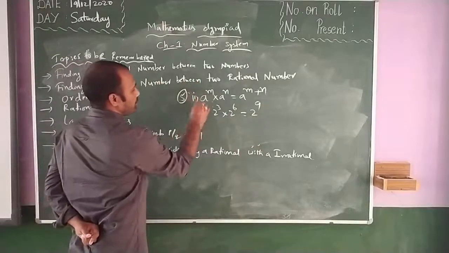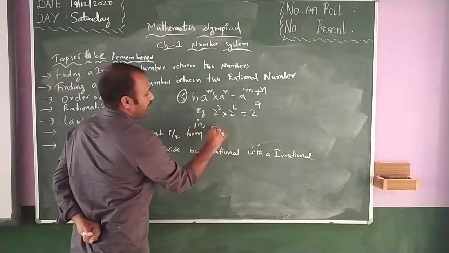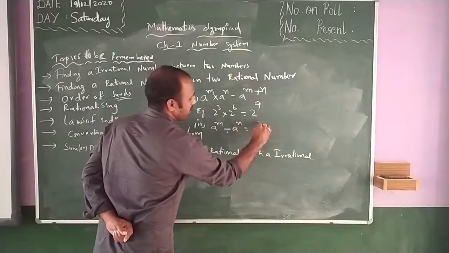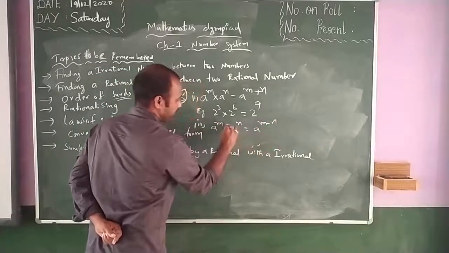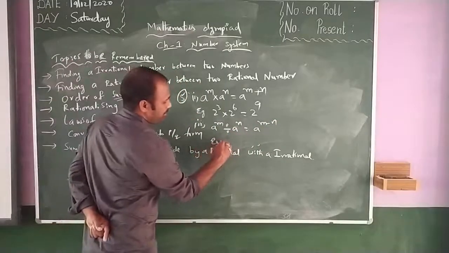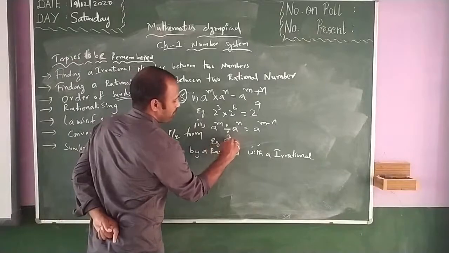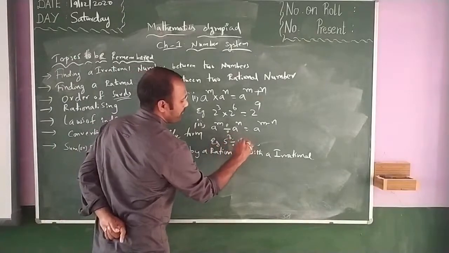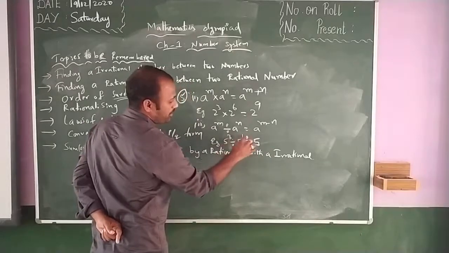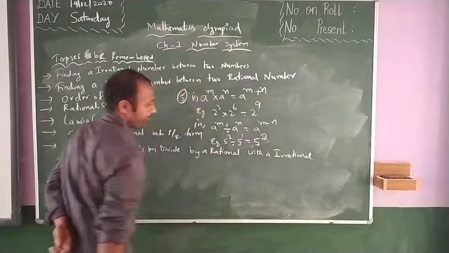This is the first law. Next, second law: a to the power of m divided by a to the power of n can be written as a to the power of m minus n. For example, 5 power 3 divided by 5, if there is no power we can write it as 1, so 3 minus 1, which is 2.